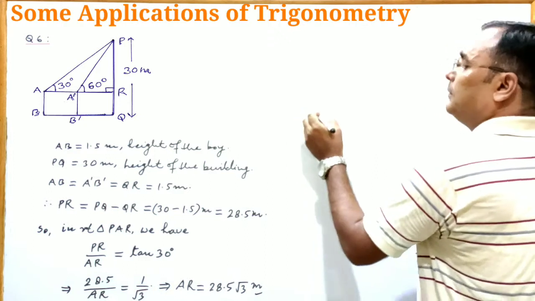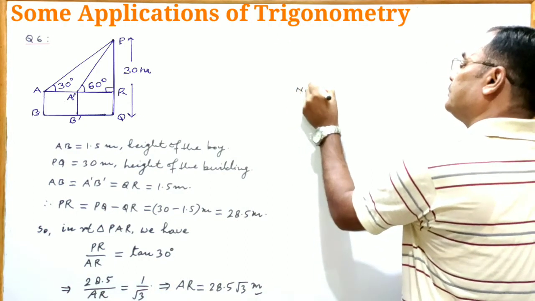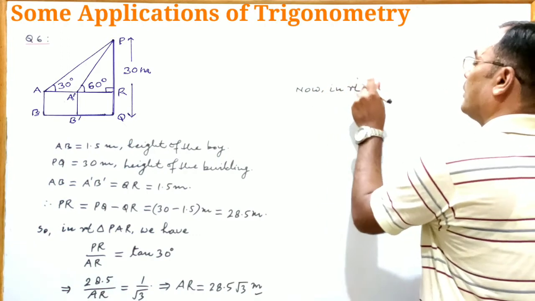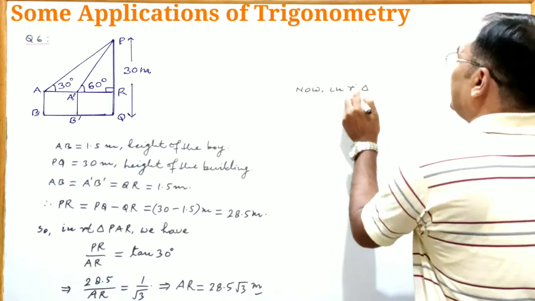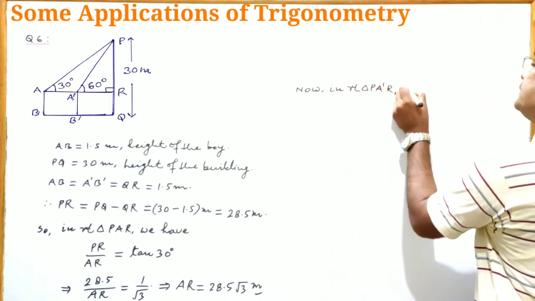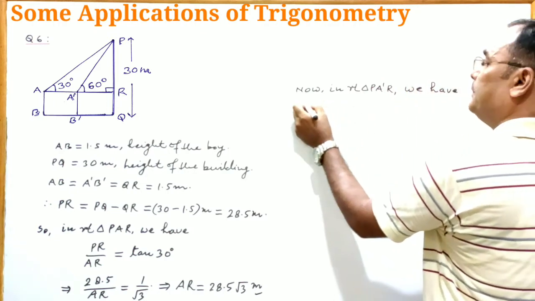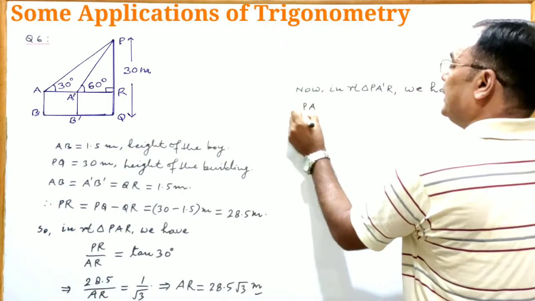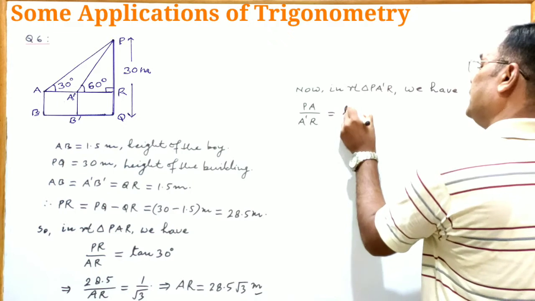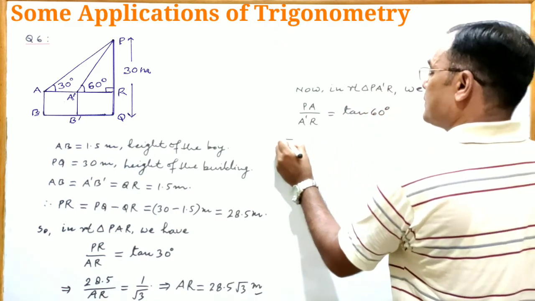Now in triangle PA dash R, we have PR by A dash R is equal to tan 60 degrees.